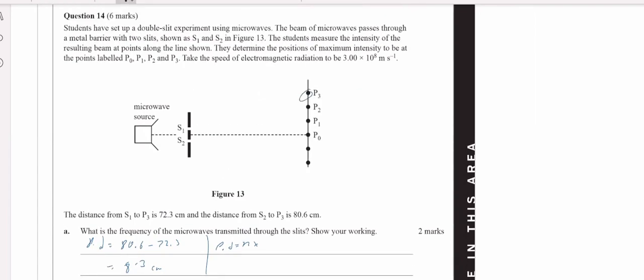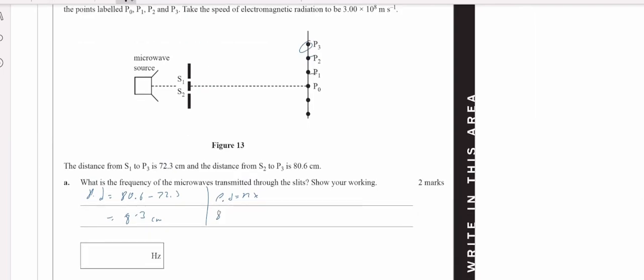For P3, that's 1, 2, 3 for N, 8.33 equals 3 lambda. Lambda is 2.77. Frequency is c over lambda. C over 2.77 is 1.8 times 10 to the power 6 hertz.